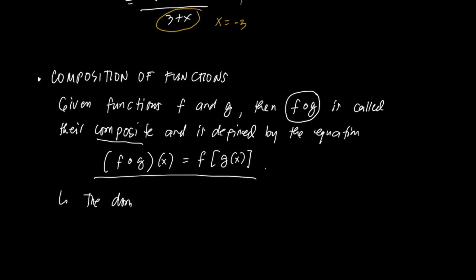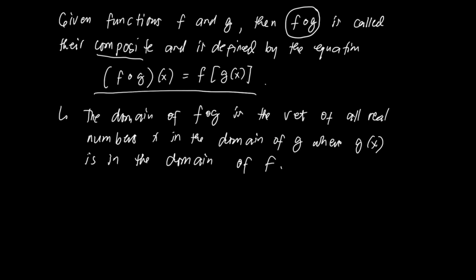How about the domain? The domain of the composition of f and g is the set of all real numbers x in the domain of g, such that g of x is in the domain of f.